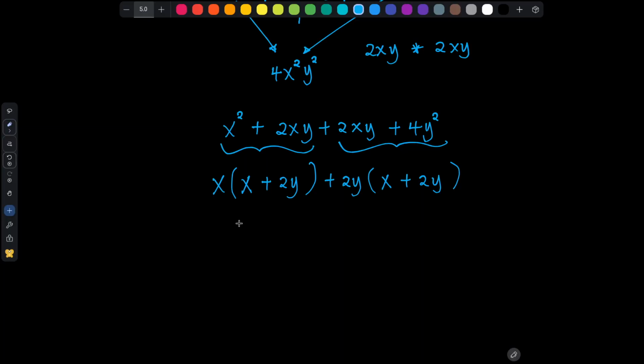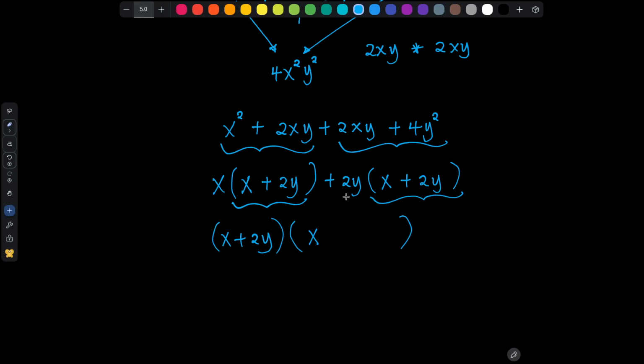We are not yet done. We notice that in the first pair we have x plus 2y, and in the second one we also have x plus 2y, so we factor that out. The first term, x times x plus 2y divided by x plus 2y, leaves us with x.